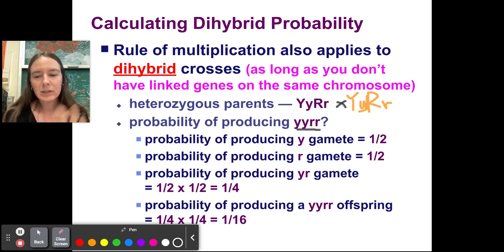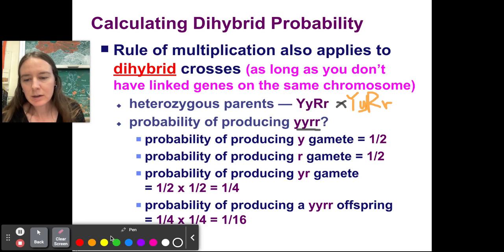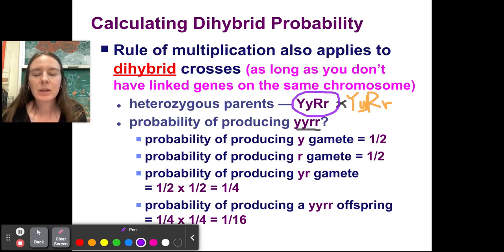Okay, so first, let's just focus on this parent right here. These are our offspring, this is our result. But we want to figure out what are the gametes that this parent can produce. And we want to focus in on each gene at a time.